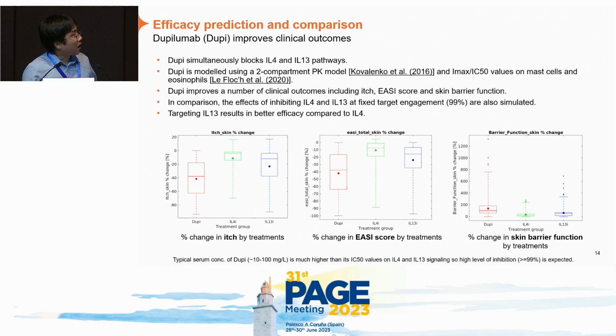And generally speaking, IL-13 seems to be a better target, and maybe there's a reason why there are multiple anti-IL-13 in the market now. So it does seem that the combination of blocking both may have some additional benefits as well.